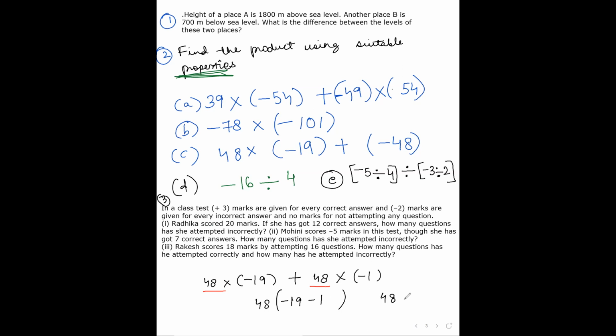Yes. This is not 48 minus 20, it is 48 multiplied by -20. In this type of question, is it a must to take the number as common by adding one? I'm not adding one.